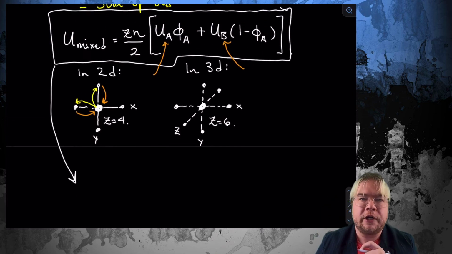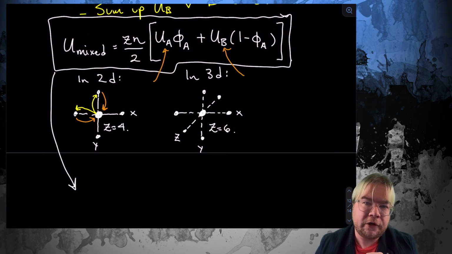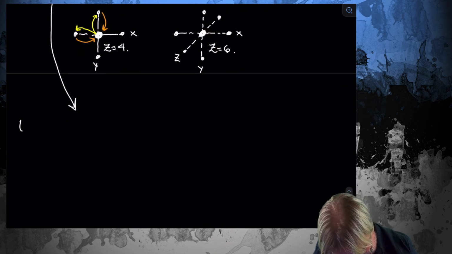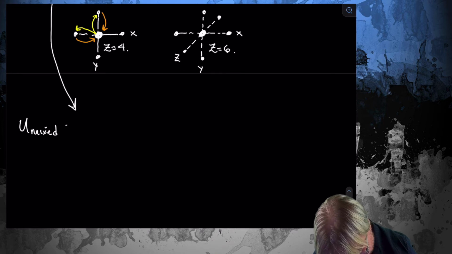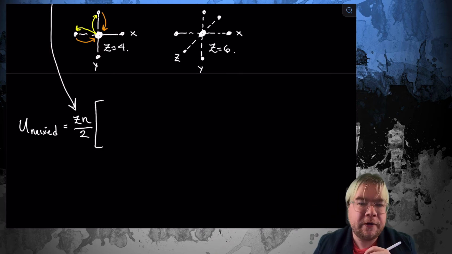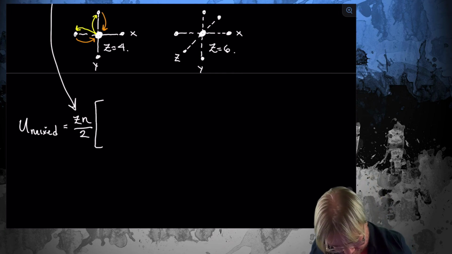Let's substitute in for UA and for UB. The expressions are going to get a little lengthy, but we're going to be able to simplify them pretty easily also. So U in the mixed state is going to be the coordination number times the number of lattice sites divided by 2. Then we need to substitute in for capital UA.